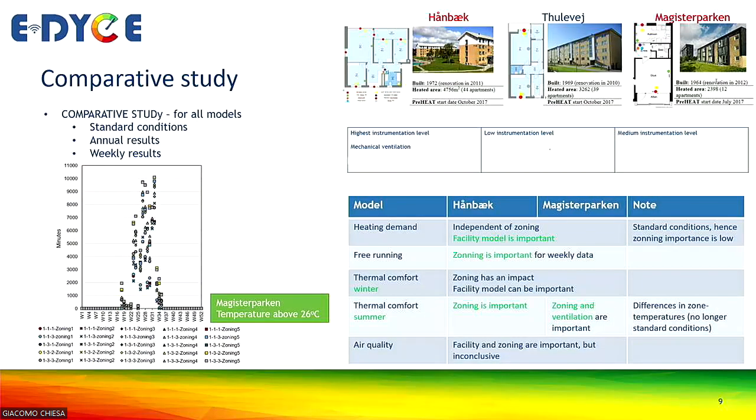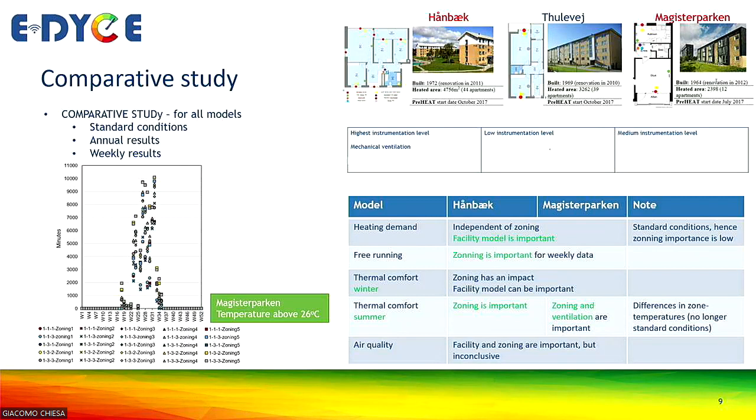And when we look at the results here, speaking broadly, what we find is that for the modeling of the heating demand within the building, the geometry of the zoning is actually not very important. One of the reasons why is because all zones have the same set point temperature, and thereby there is not a significant variation between the results for those zones.